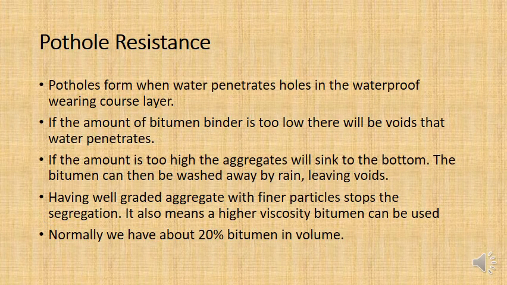So remember, with pothole resistance, it's basically trying to make sure that the asphalt road surface is water resistant. It keeps water from penetrating under the wearing course and then forming a pothole.